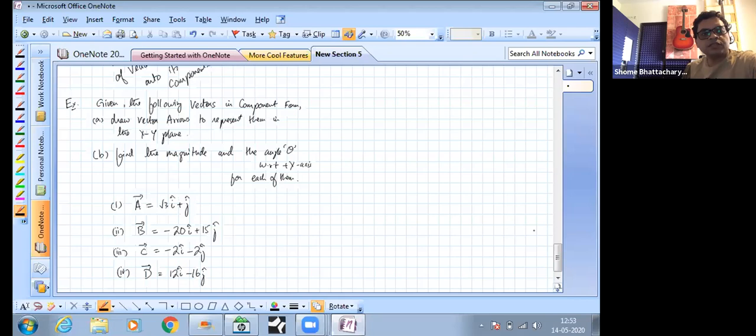Yeah, Somarup, your answer is correct for this vector B also. Ritika, your answer is correct. Hari Tiwari, your answer is correct.